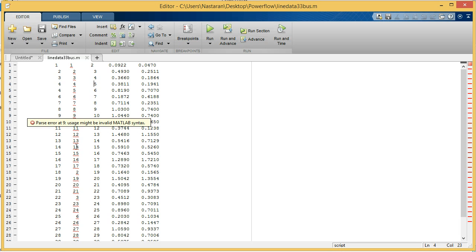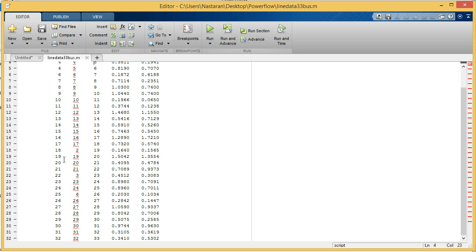Or for example line 18: the beginning bus number is 2 and the ending bus number is 19. That means we have a branch going from the second bus to the 19th bus, and it creates line 18.